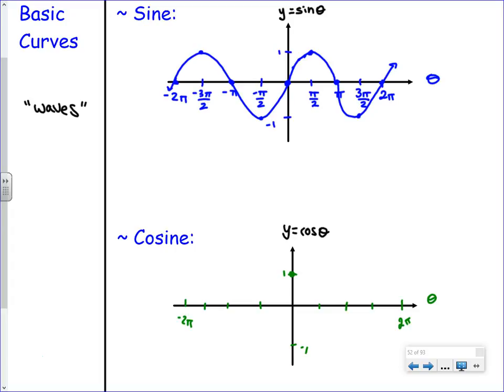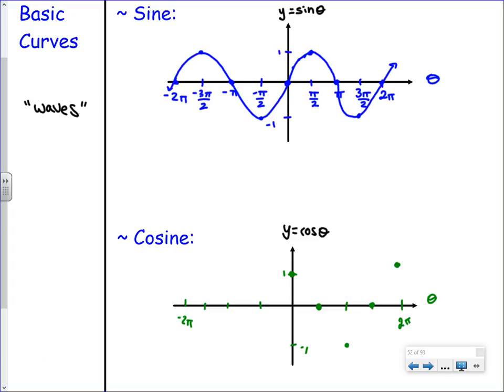In the sense of sine starts from rest, and cosine already starts at its maximum value. Now, if I was to keep going, cosine starts at 1. At 90 degrees or at pi over 2 it's 0. Then it's -1, back to 0, back to +1 at 2 pi.